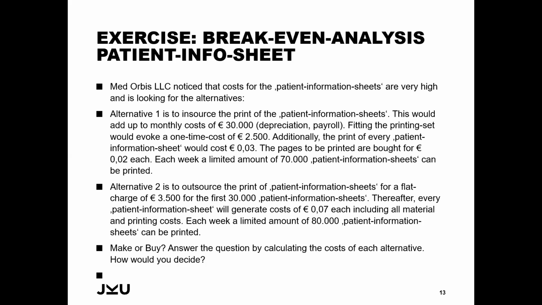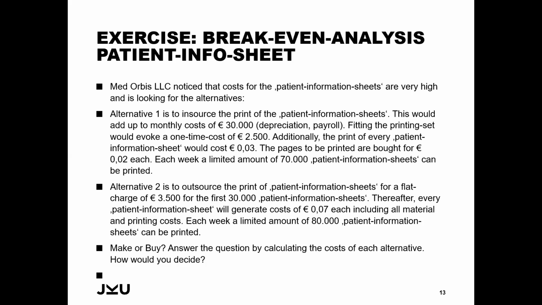And then we would also know that any print less in insourcing is cheaper, and any print higher than a certain amount, but still below 30,000 patient information sheets, alternative 2 would be cheaper. So at this point we could calculate a break-even point, or a first break-even point.